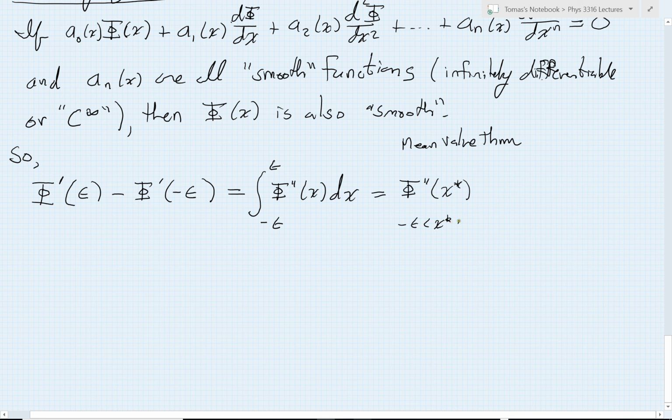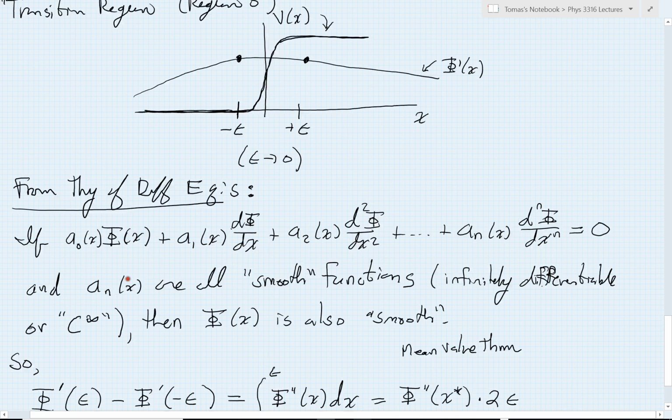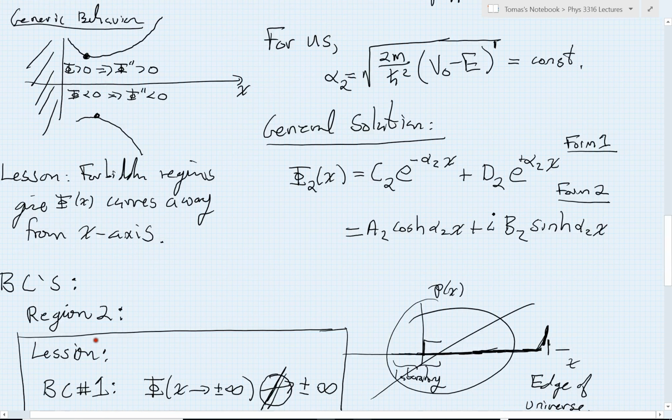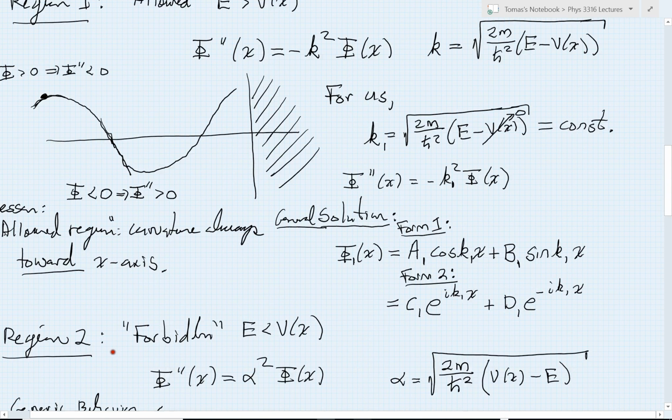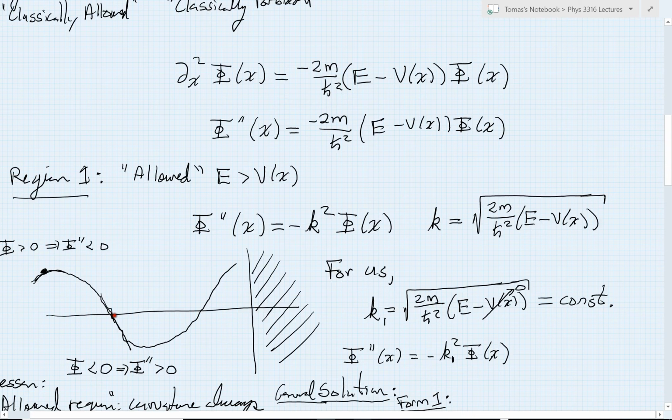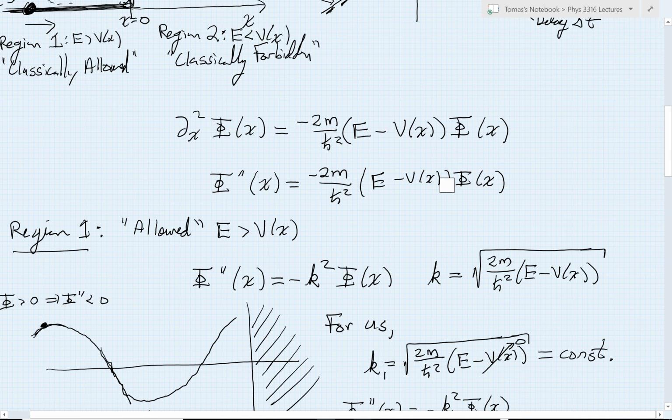So I'll call that x star. This has to be somewhere in my range, times then the range over which I perform my integral, which is 2 times epsilon. Now, we can make some progress with this because I actually know something about my second derivative. It is completely controlled by my Schrodinger equation. I have that second derivative written down right up here, so let's copy it down.